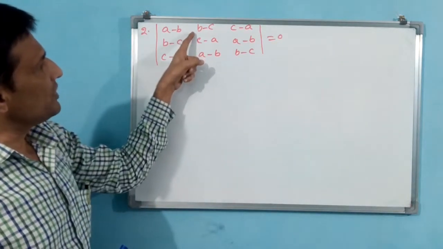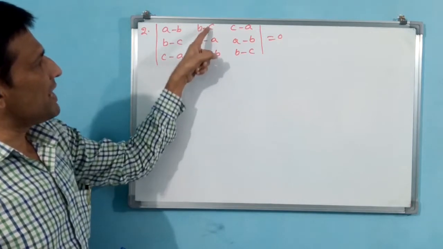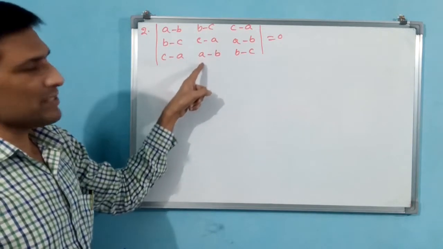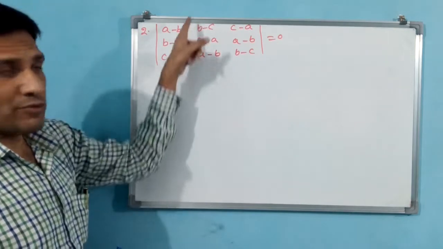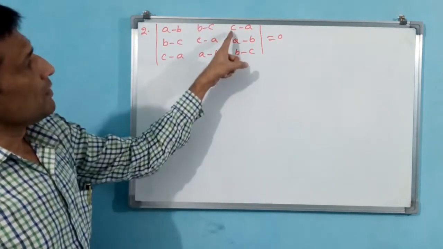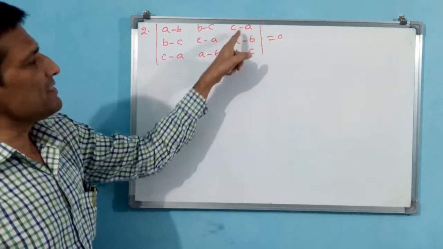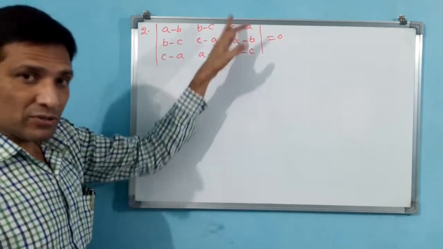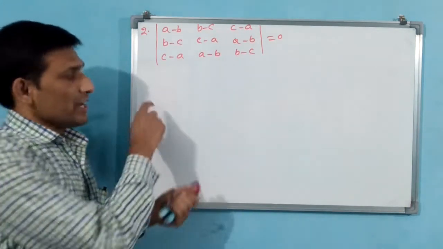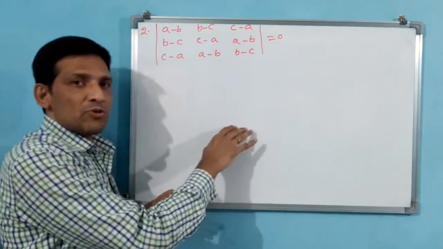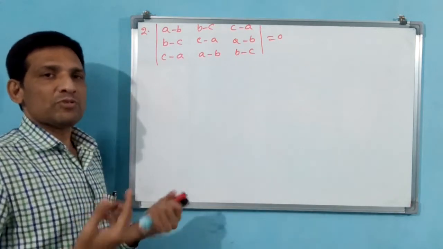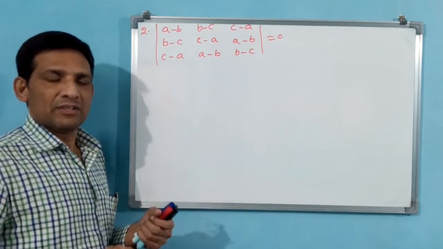Here also you see plus B minus C plus C minus A plus A, that means this also going to become 0. Plus C minus A minus B plus B, this also going to become 0. That means in any one row, all are zeros, means automatically the answer is going to become 0. That's all. Simply. You understand now?